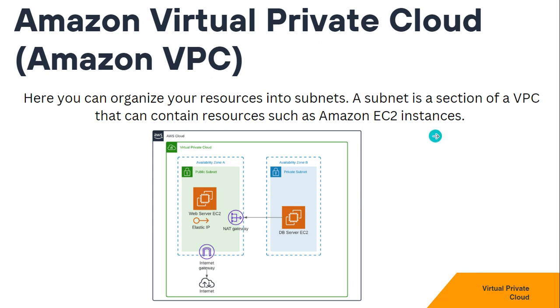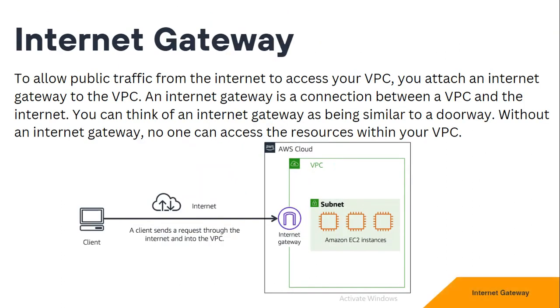So we are grouping our resources with the help of subnets. We'll see what subnets are in the coming slide, but at this moment, subnet just means chunks of IP addresses used to organize or group your resources. That is what a virtual private cloud is.